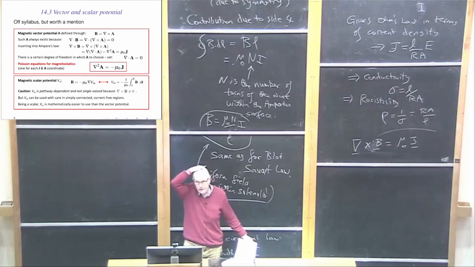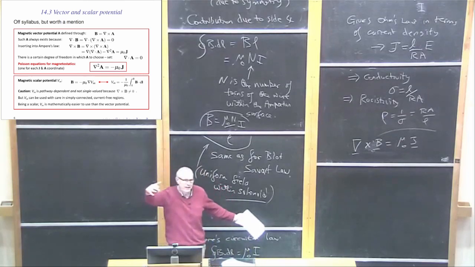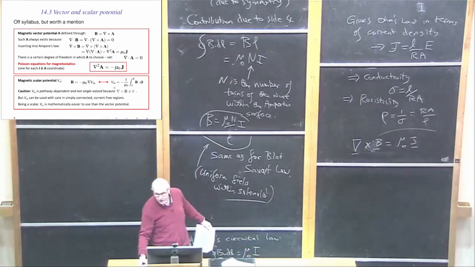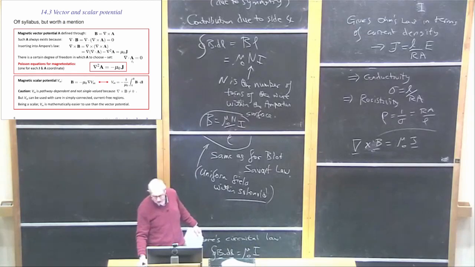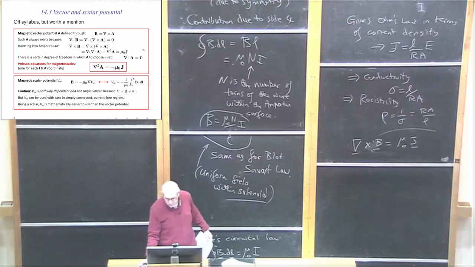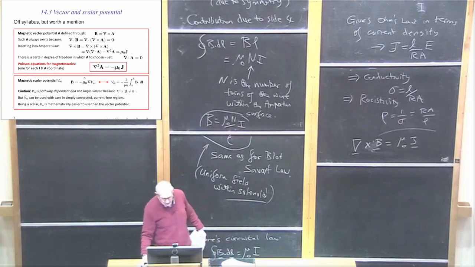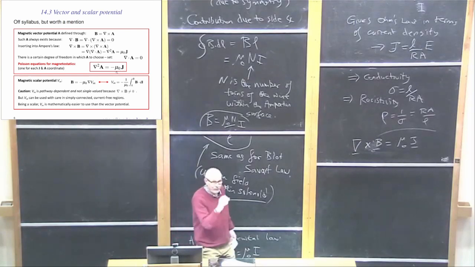But you can arbitrarily set the potential where you want it. So if you set the divergence of A to be 0, that is a choice you make, and you do this in quantum electrodynamics as well, and you get Poisson's equation for magnetic fields.